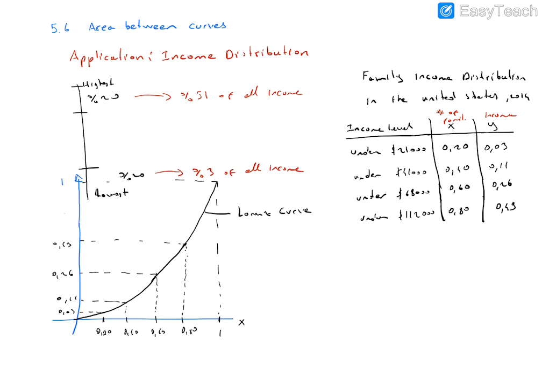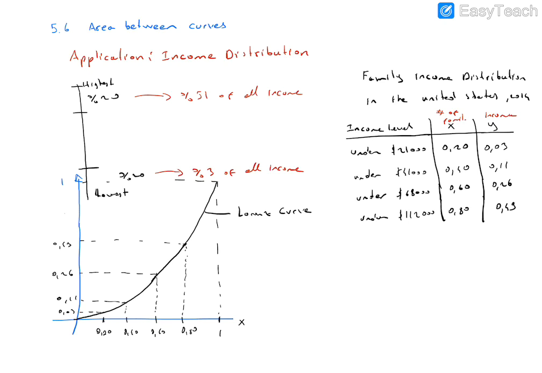So the function f of x is generally found by using regression analysis, which is a technique for fitting a function to a data set over a given interval, as you know. So from this data set, we obtained this Lorenz curve. The variable x represents the cumulative percentage of families at or below a given income level.